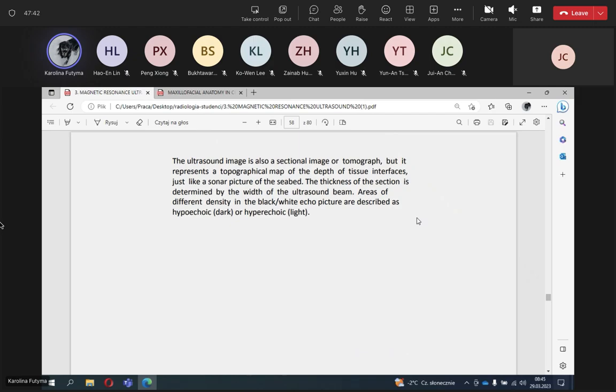It means light areas. In ultrasound, we don't use the intensity of the signal, but we can describe the different areas of the picture as hypoechoic, isoechoic, or sometimes hyperechoic areas.